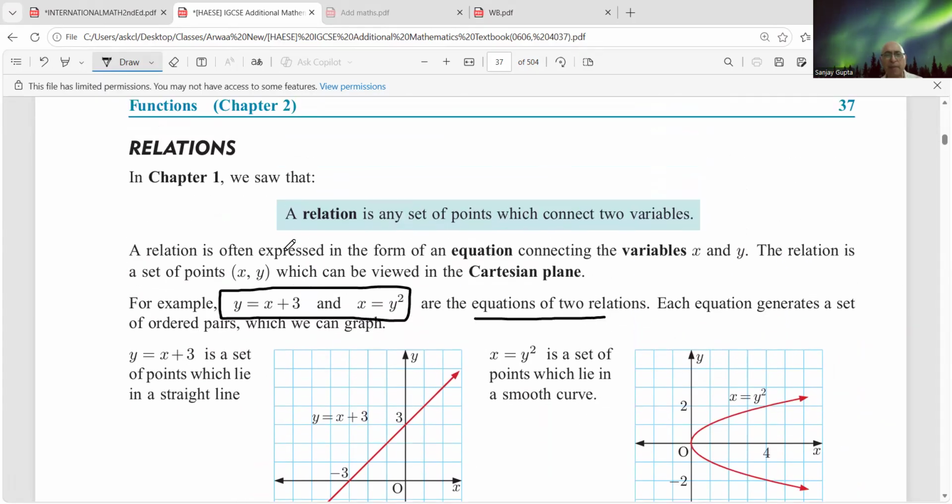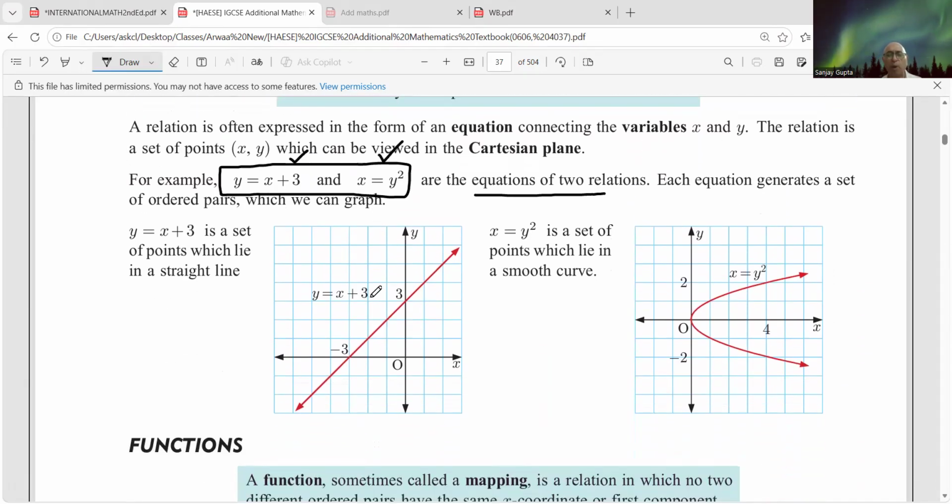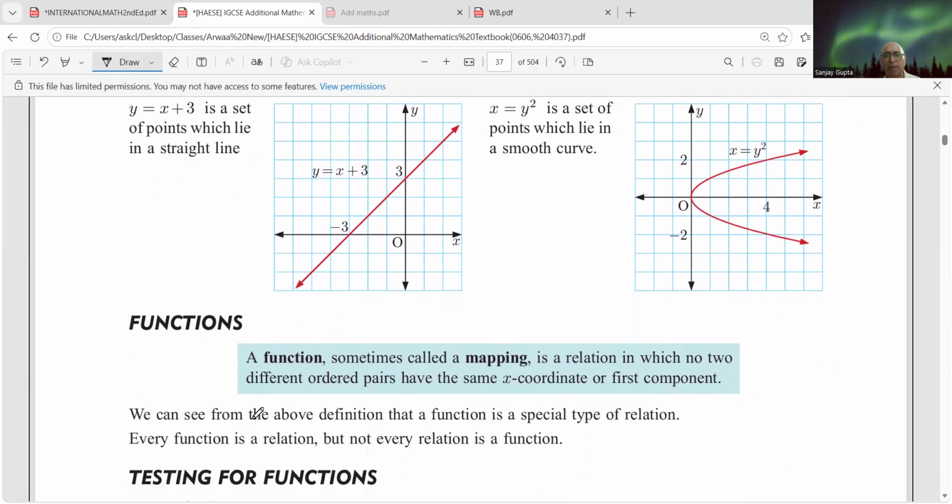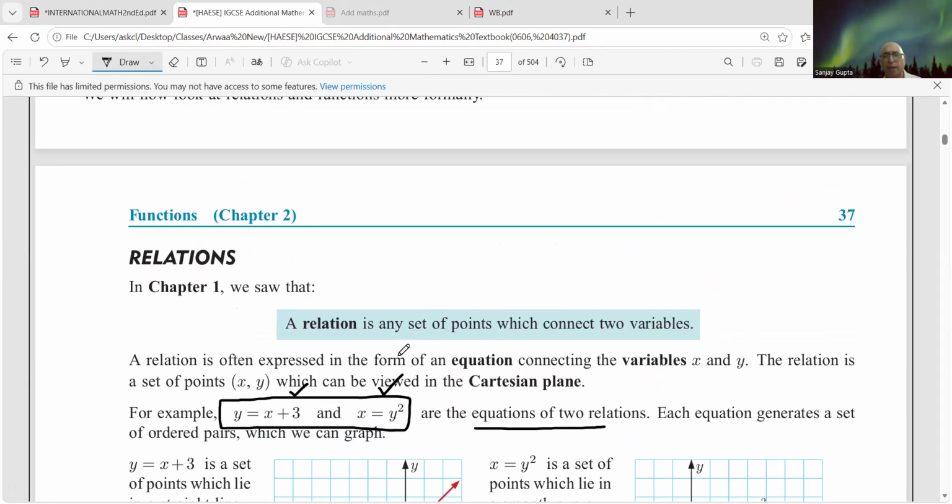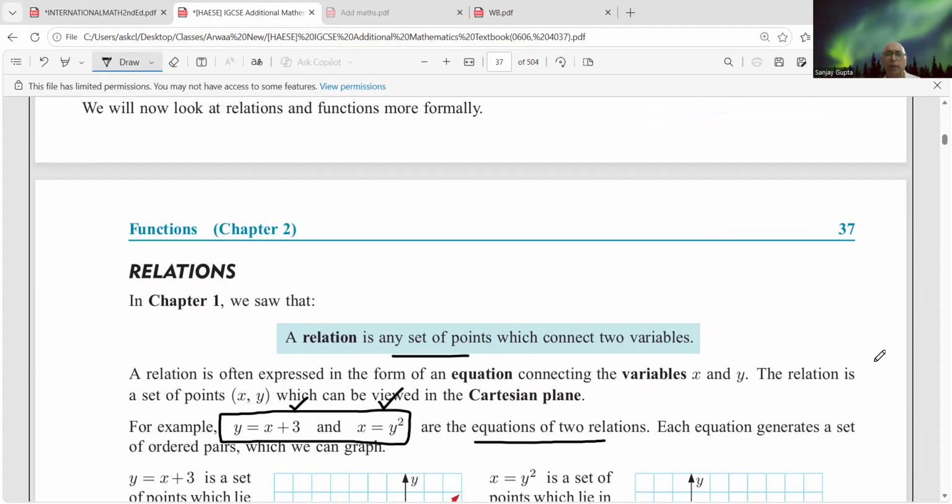So the relation can be given in terms of a mathematical equation where we relate x and y, or it can be given as a graph, which also helps us understand the relation between the two variables x and y. A relation is just any set of points which connect the two variables.